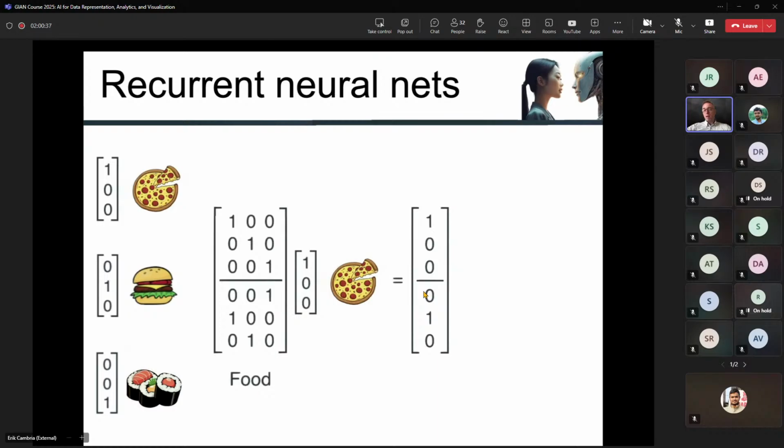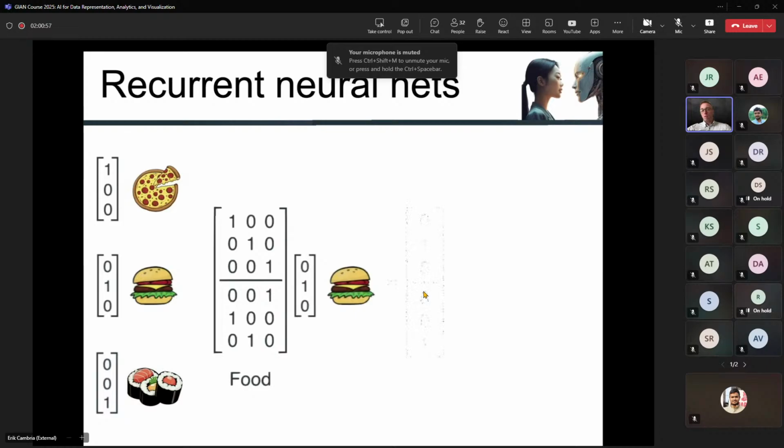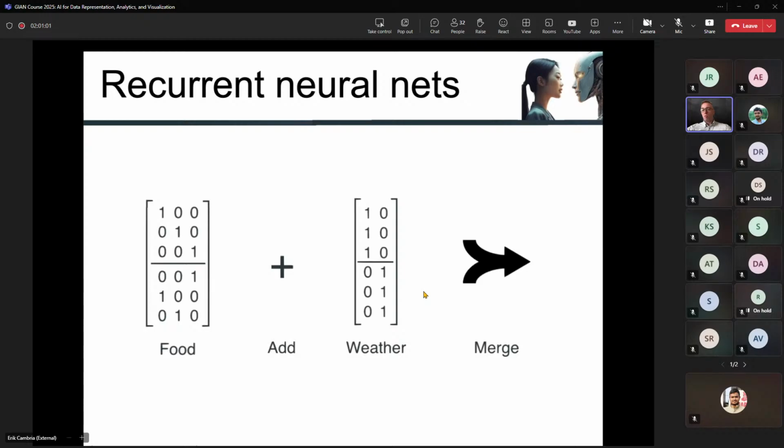I'm multiplying this new matrix by the vector that represents pizza, and then I get 100010, which means that if it's the same day, I still cook pizza. Otherwise, I cook burgers. I do the same for the rest so that I know what are the possible actions that I can take.